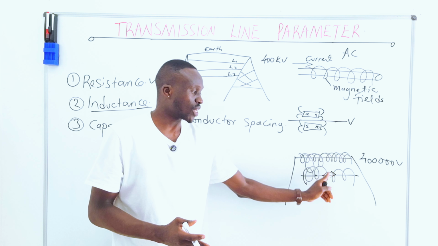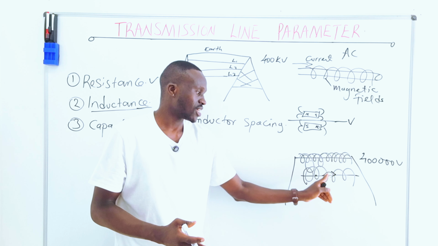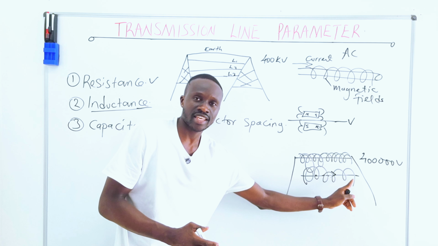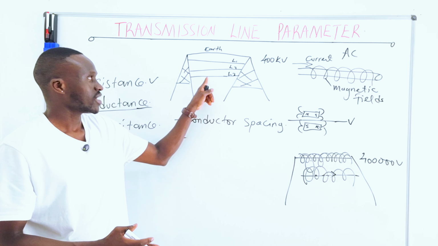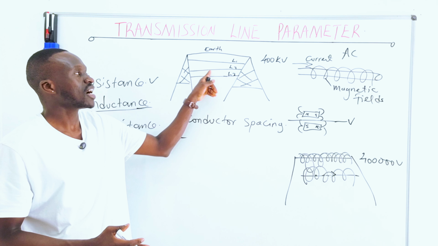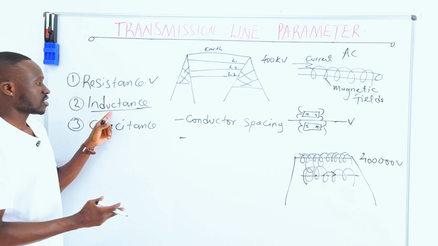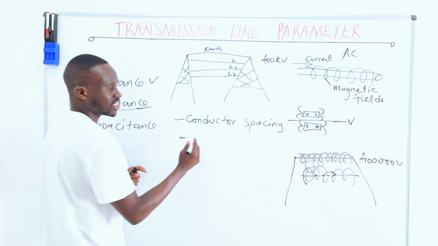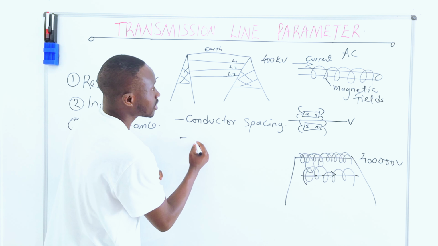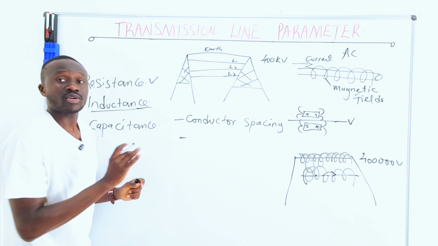Colliding will create resistance opposing the flow of current in this other cable conductor, meaning they need to have enough space. And another factor which affects this inductance, besides the conductor spacing, is the conductor radius.